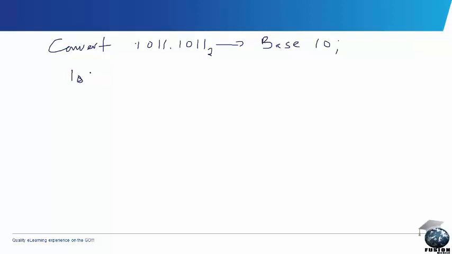We have 1011.1011 base 2. I start my numbering at this point because I have a decimal point here. When I start my number at this point, I have 0, I have 1, I have 2, I have 3. Remember what happens in your number line. When you have positive digits on one side, the next side will consist of negative digits, -1, -2, -3 and -4.